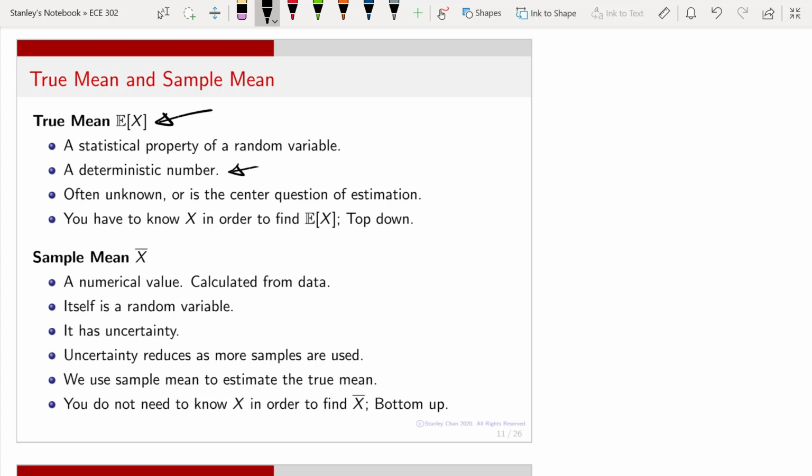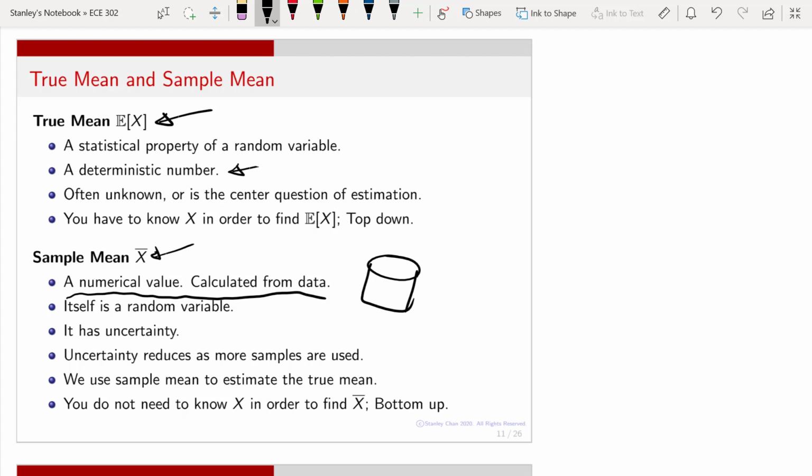Now, the sample mean or the empirical average is usually denoted by this notation, where you have a bar above the variable. This is a numerical value calculated from the data. So if you give me a data set, I will be able to return this thing called the sample mean, which is the average of all the data points in the data set.